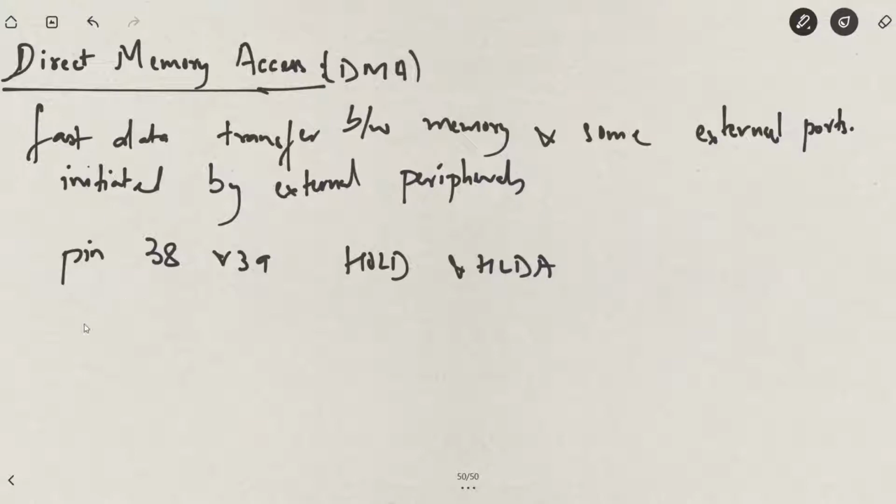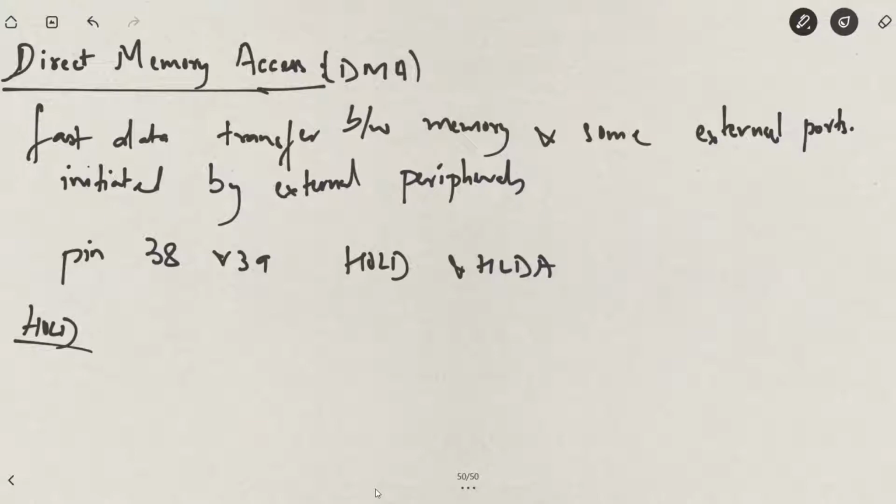So what does the HOLD pin do? We have somewhat discussed this earlier. It's a simple pin that is active high, and it is an input signal to the 8085 microprocessor.